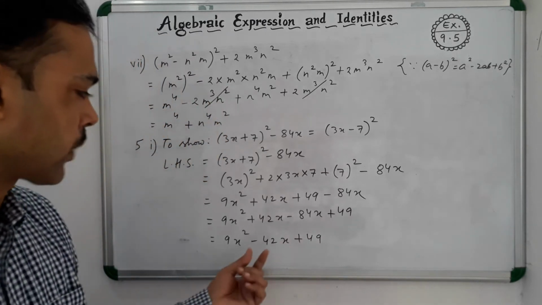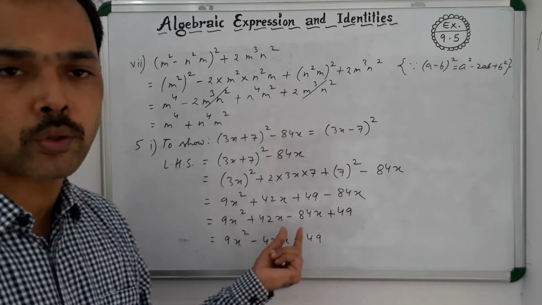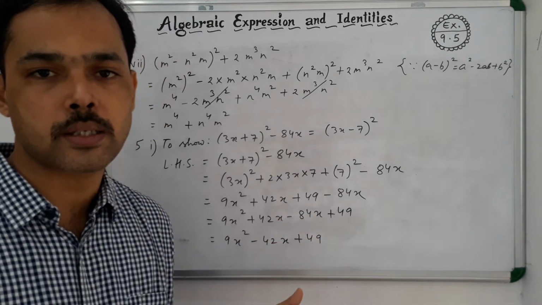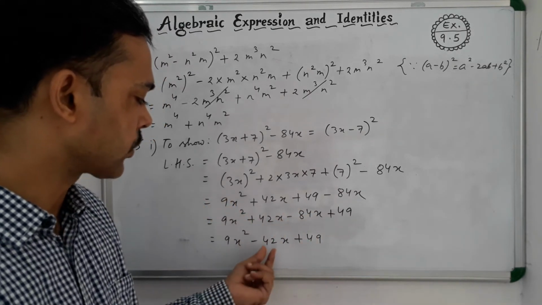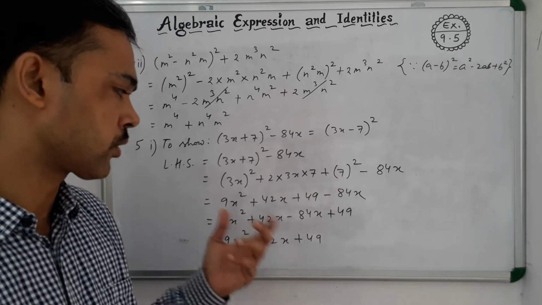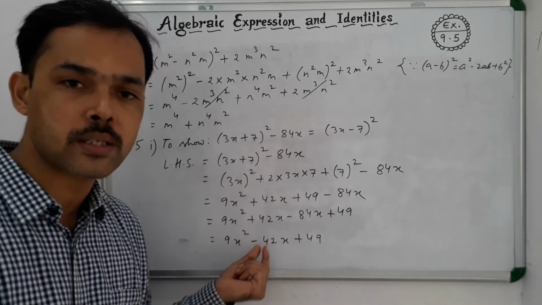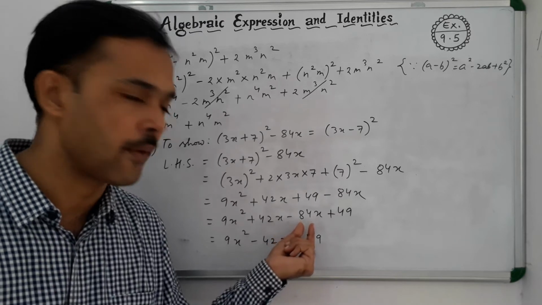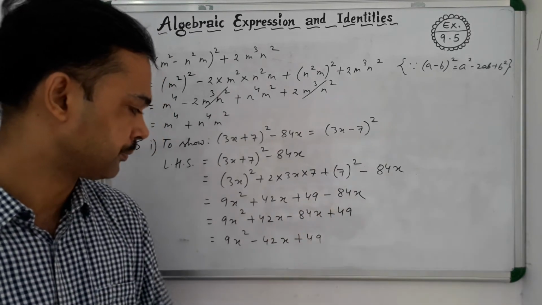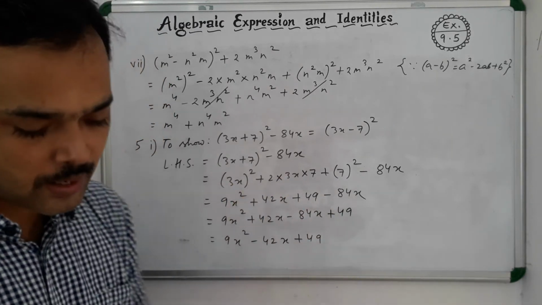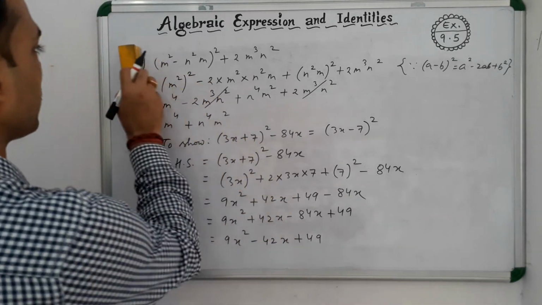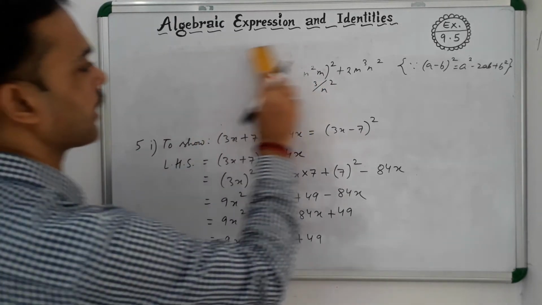Why minus 42x? Because they both are having two different signs, so they will be getting subtracted. When you subtract, you get 42. 84 minus 42 is 42. And why you will place negative sign? Because this is having greater absolute value. So in this way we have found LHS. Now let us find out RHS.